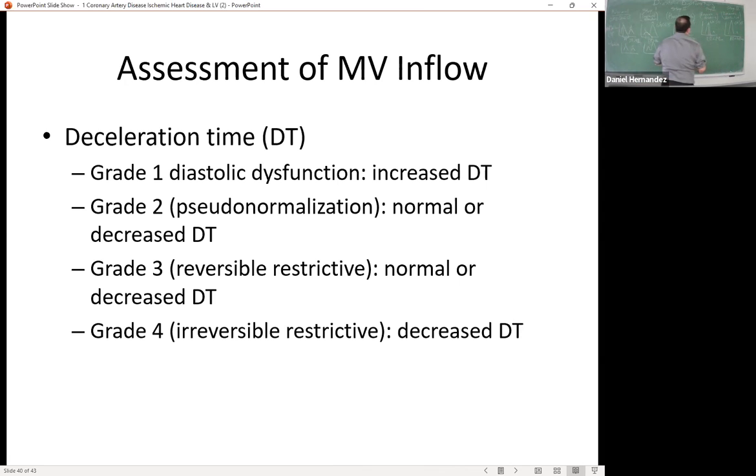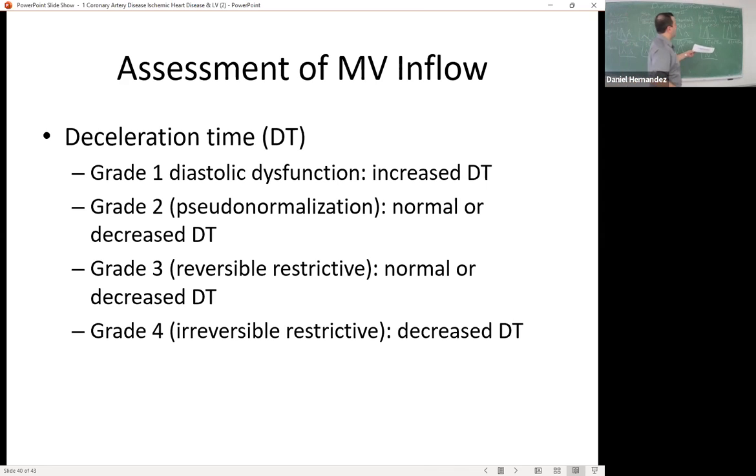With reversible restrictive cardiomyopathy, again, we're still going to have this reversal for E and A wave. The reason they broke it down into reversible is because, by performing this Valsalva maneuver, we can change the flow patterns.